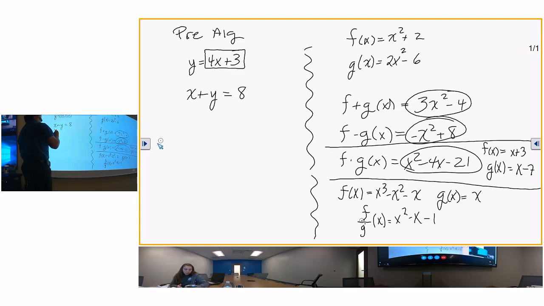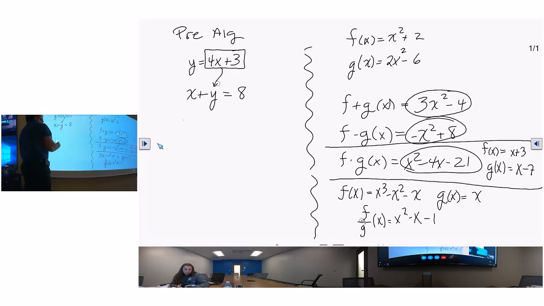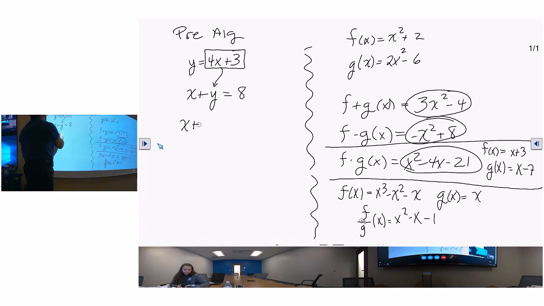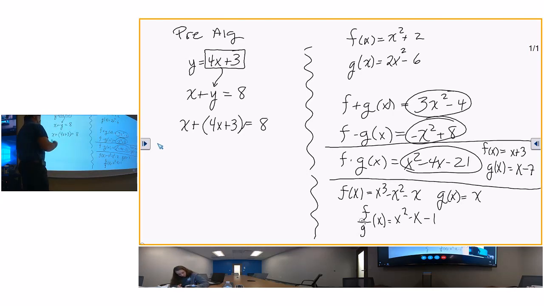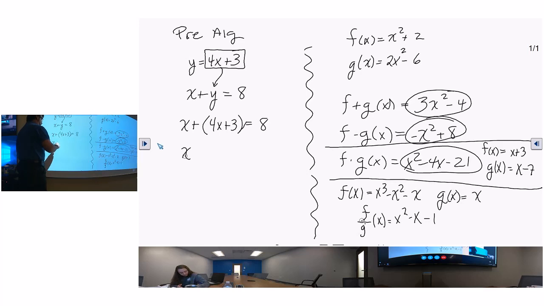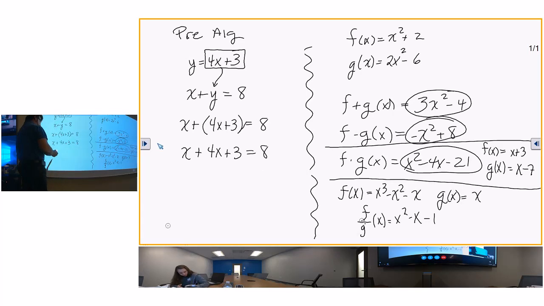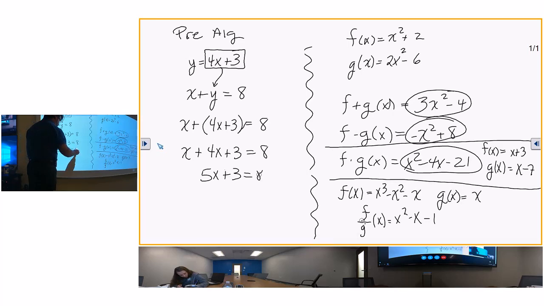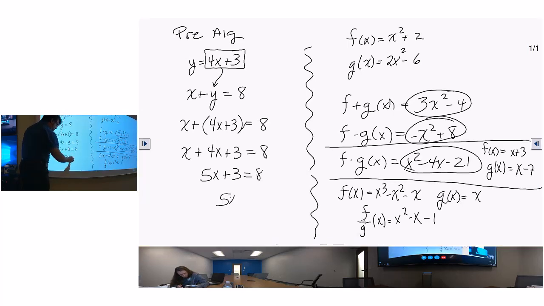You plugged it into y, right? And you get x plus parentheses 4x plus 3 is equal to 8. And now you just do your distributive law. X plus 4x plus 3 is equal to 8. And 5x plus 3 is equal to 8. 5x is equal to 5. And x is equal to what?